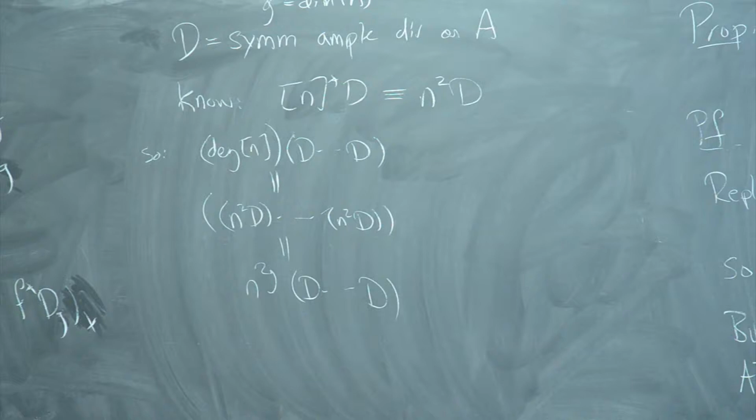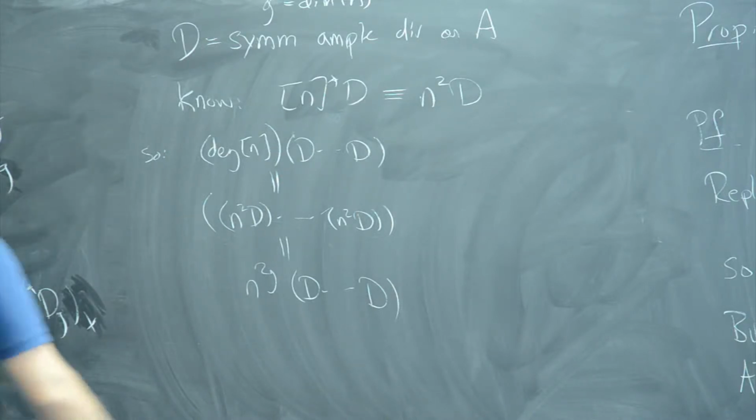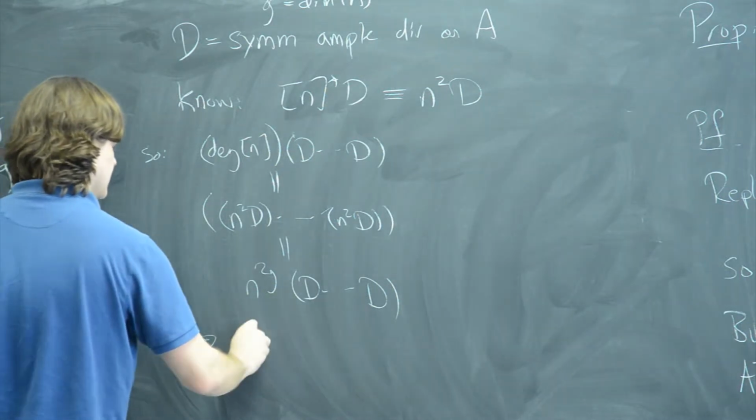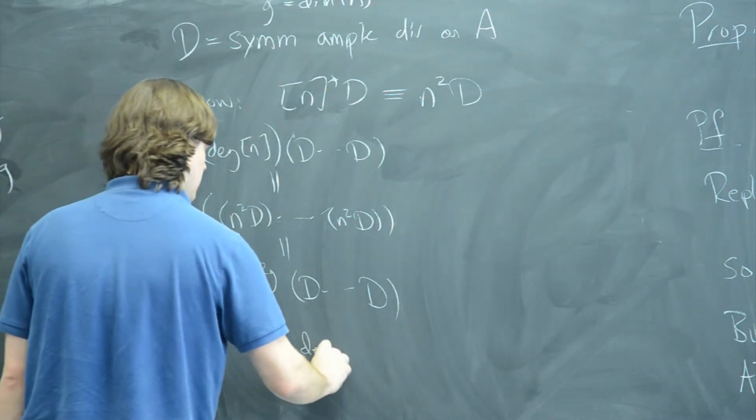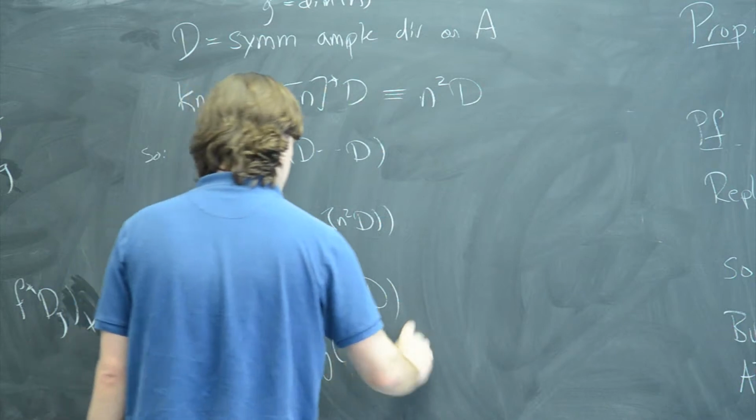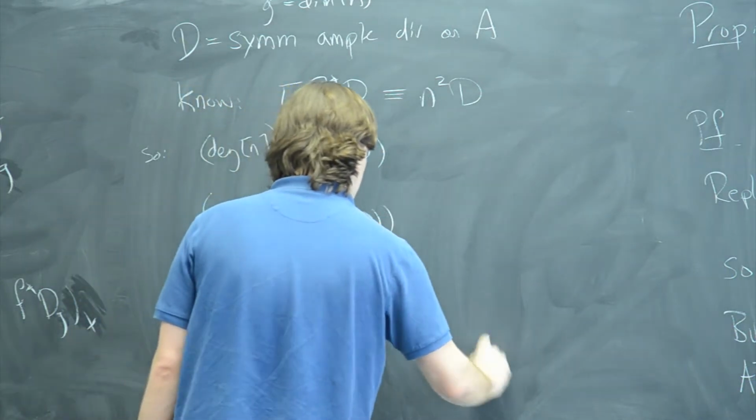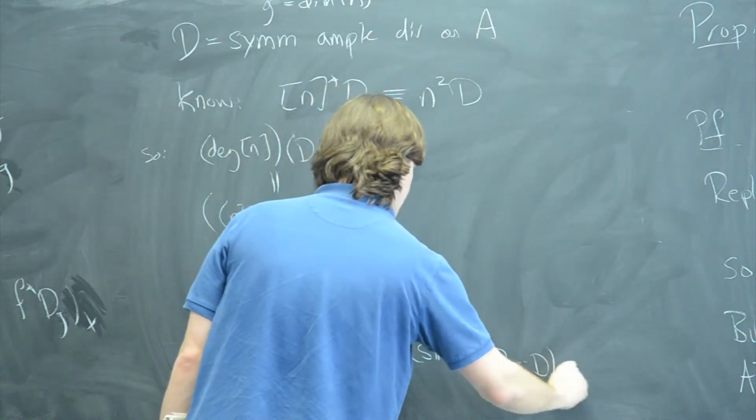And the self-intersection number of D with itself, it's an ample divisor, so it gives you an embedding into projective space. That's just the degree of the image as a subvariety of projective space. So it's non-zero. So this implies that n to the 2g is the degree of n, since this number is not zero.